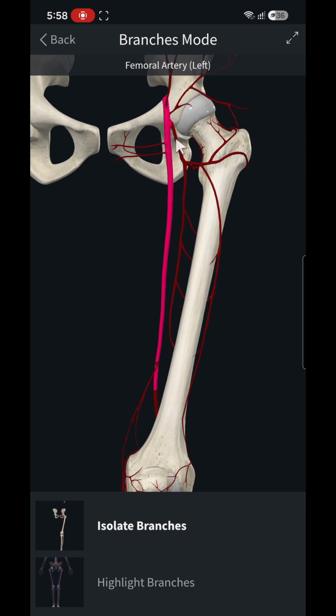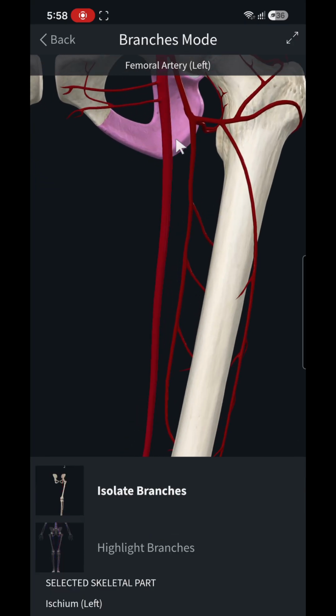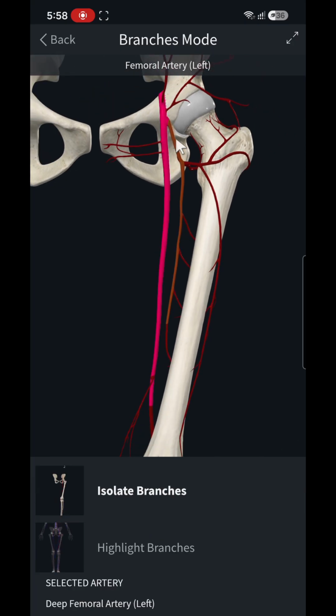But the main branch is the deep femoral artery, right?